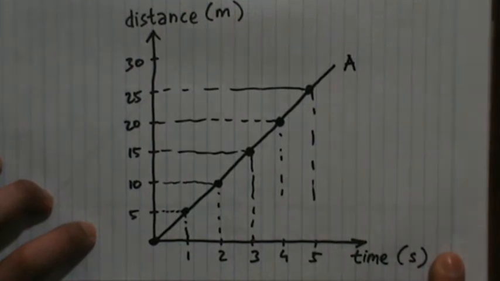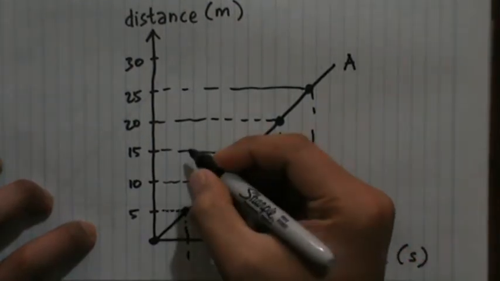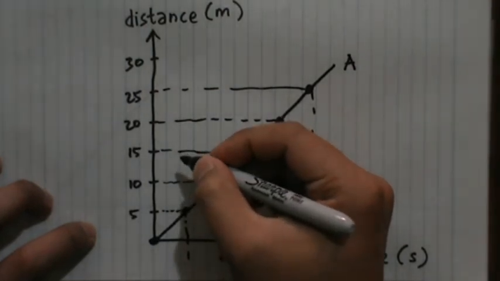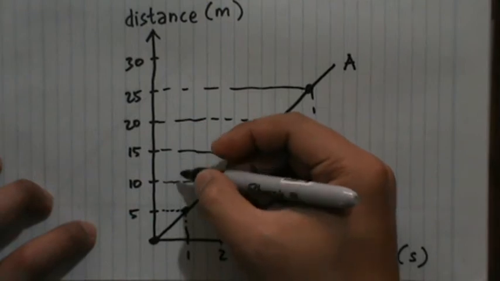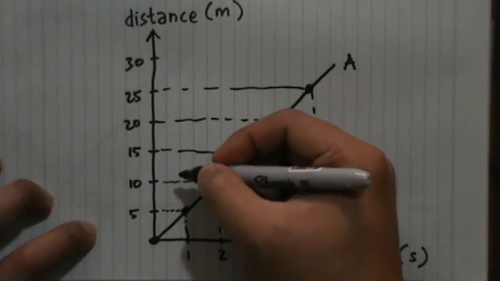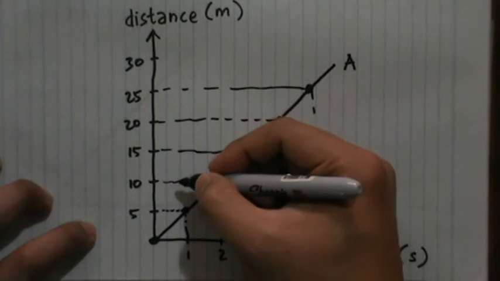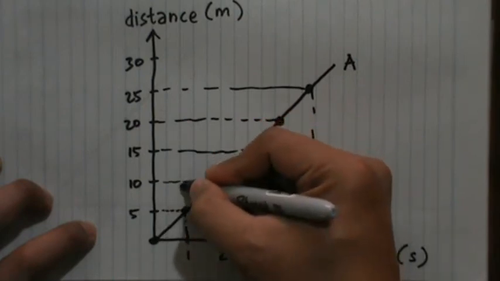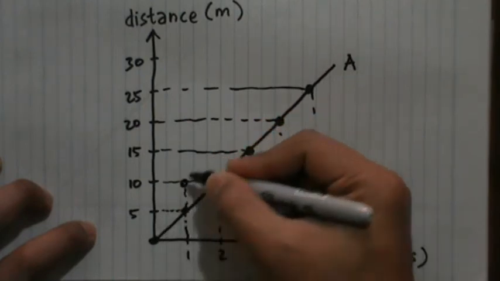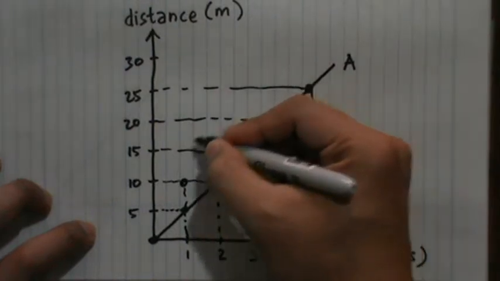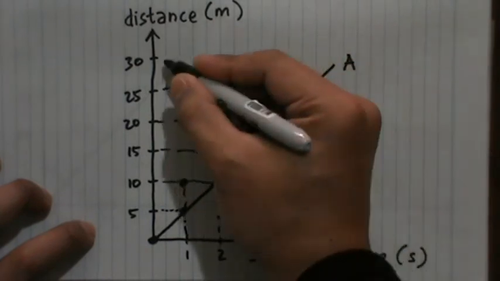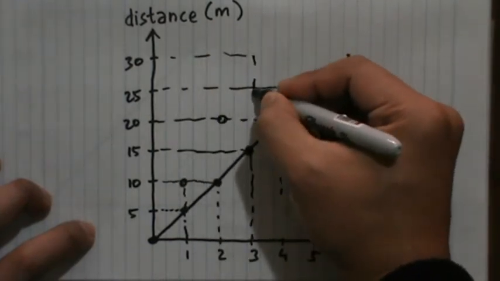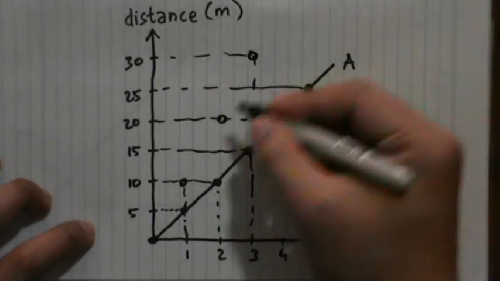And now let's draw also the distance versus time graph for car B. As you saw before, car B has a speed of 10 meters per second, meaning that every second the distance traveled will be 10 meters. So after 1 second the distance will be 10, after 2 seconds it will be 20, after 3 seconds it will be 30, and so on.